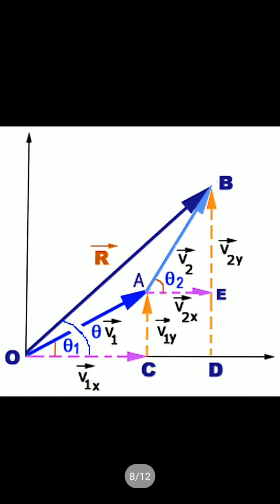Let's see this figure. We parallelly shift that v2 vector. In that figure, this is theta 2, this is theta 1, and the total angle with the resultant is theta.